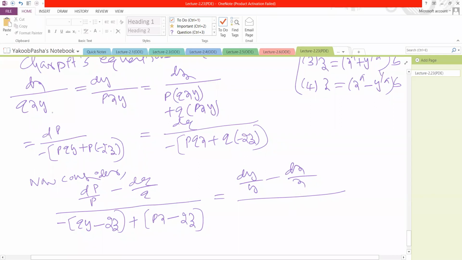So when we are dividing dy with y, we get px, and dx by x we get qy. So here minus 2z plus 2z will be cancelled, remaining px minus qy.